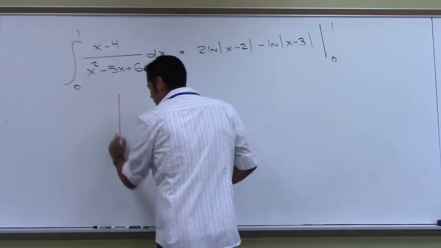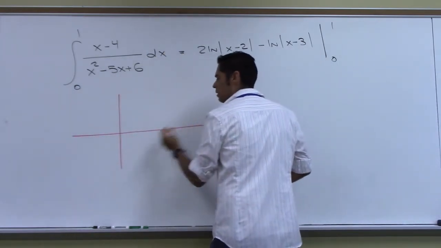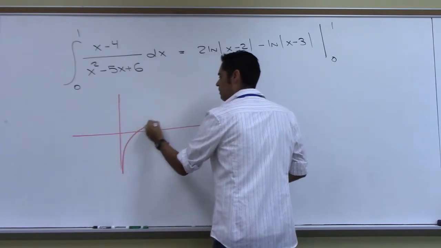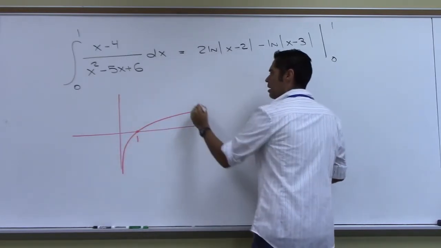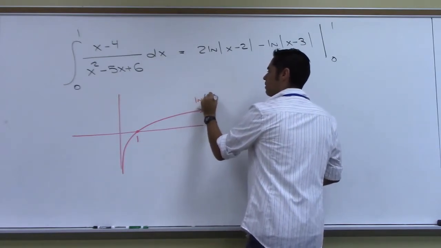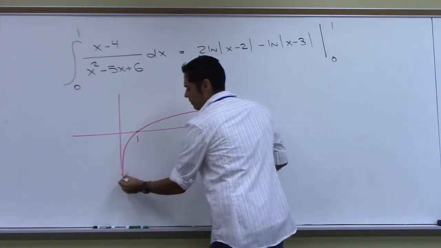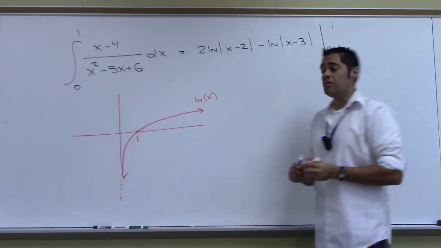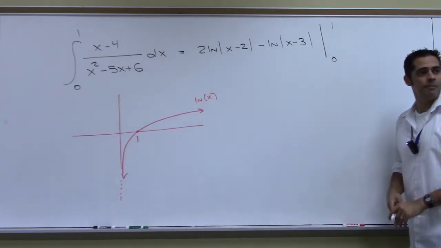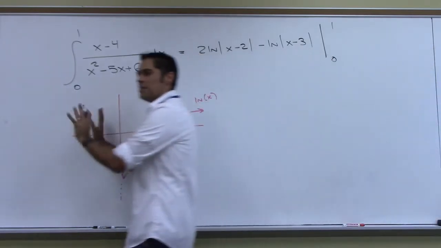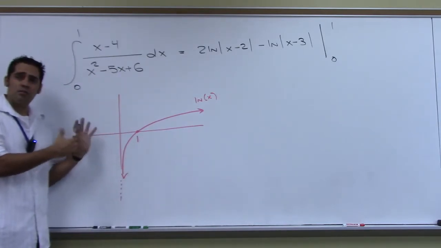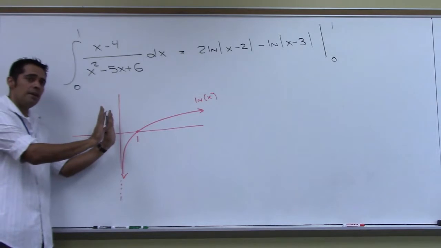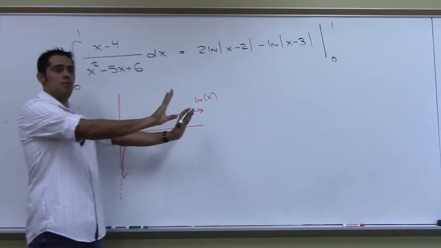If I were to graph natural log, it looks like this. In fact, it hits right here at 1, at 0. This is the natural log of x. It has a vertical asymptote at 0, right? The graph does not exist over here. So when you talk about the domain of the natural log function, the domain is everything from 0 to infinity, right?